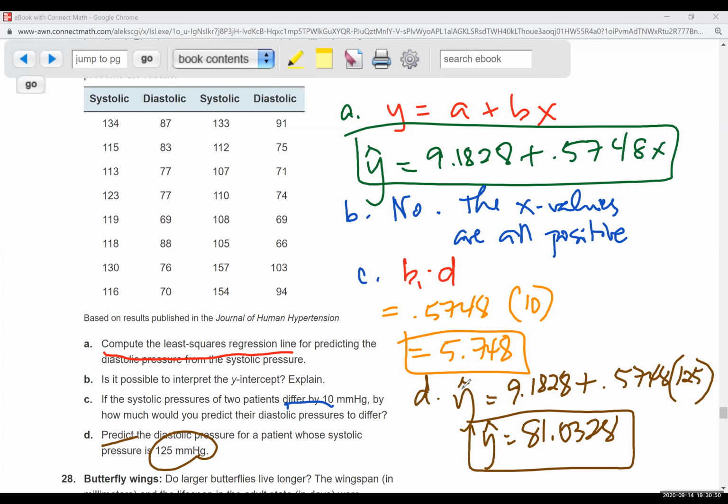Any questions? Do we always round the y hat to a whole number? Not really. It depends on the problem, but this one should be a whole number because look at your diastolic pressures, they are all whole numbers.